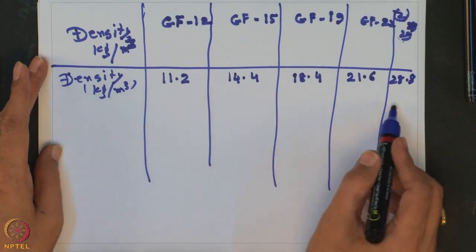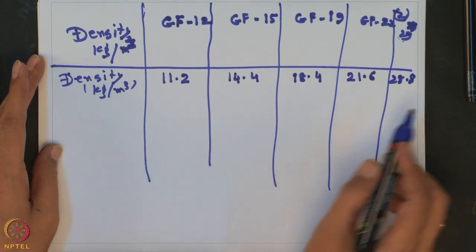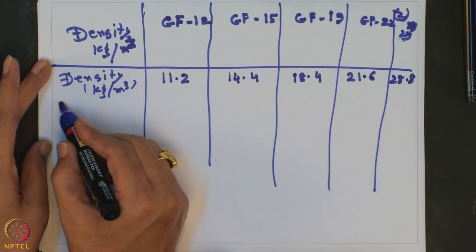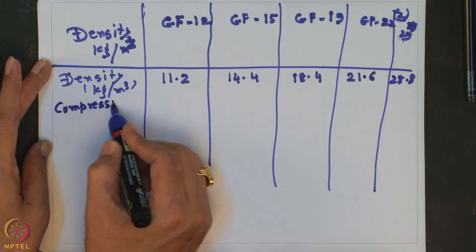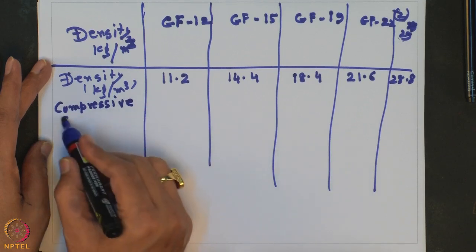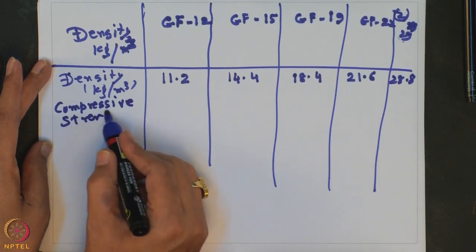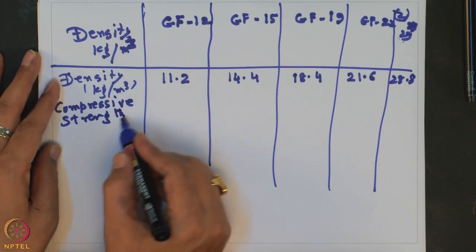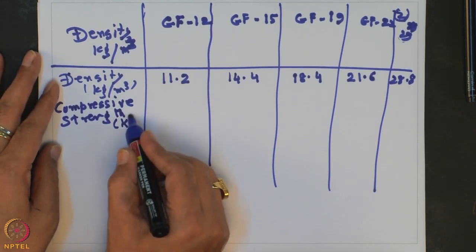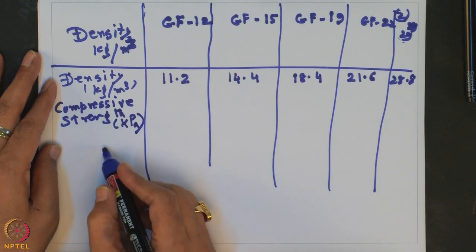So, you can calculate the density. You can calculate the compressive strength. Compressive strength, okay. That unit is kPa.